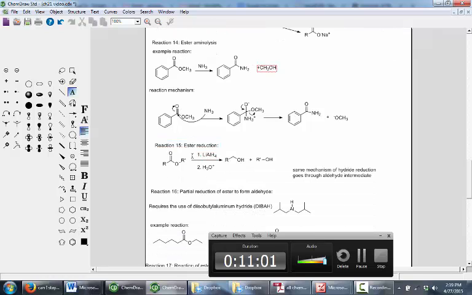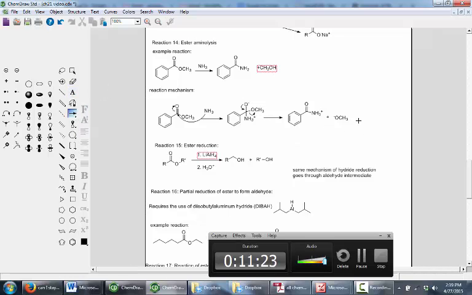The reaction mechanism for this is, first the ammonia will come, nucleophilically attack, push up, tetrahedral intermediate, collapses back. Now in this initial step, what I'm going to have is an NH3 plus and a methoxide anion.